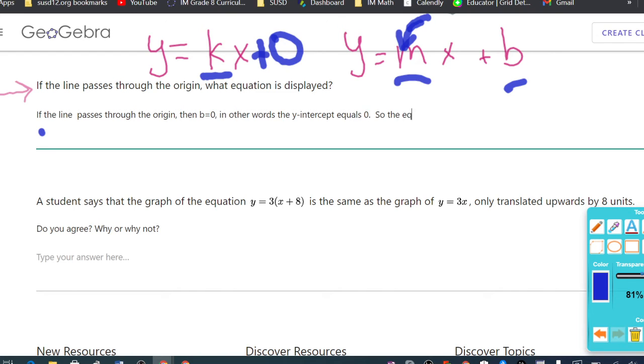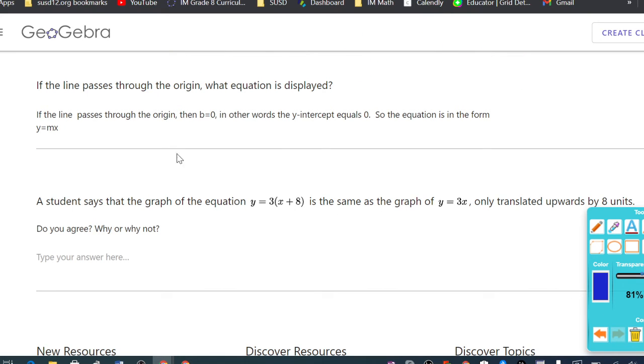So the equation is in the form y equals mx. Okay, got it? So the equation is in the form y equals mx.